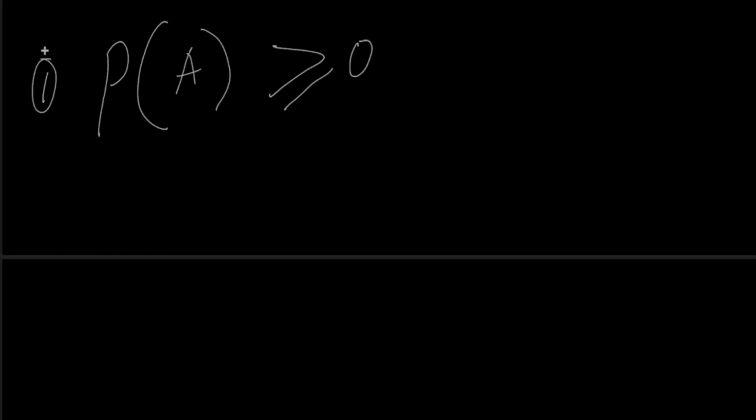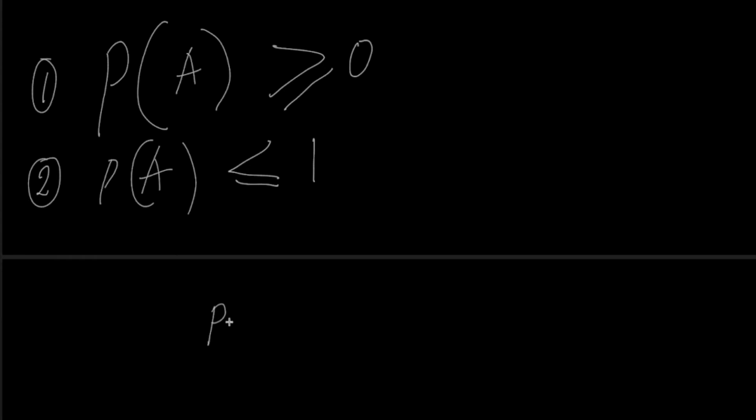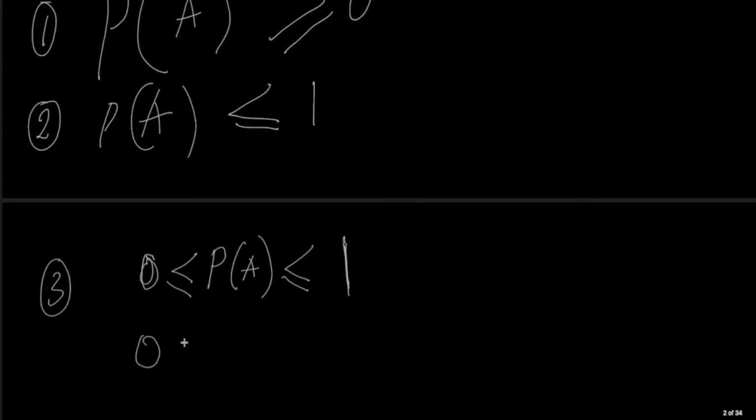Also, the probability of A will always be less than or equal to 1. It means the probability of A is less than or equal to 1 and greater than or equal to 0. It can never be less than 0, can never be more than 1. We say it is between 0 and 1.